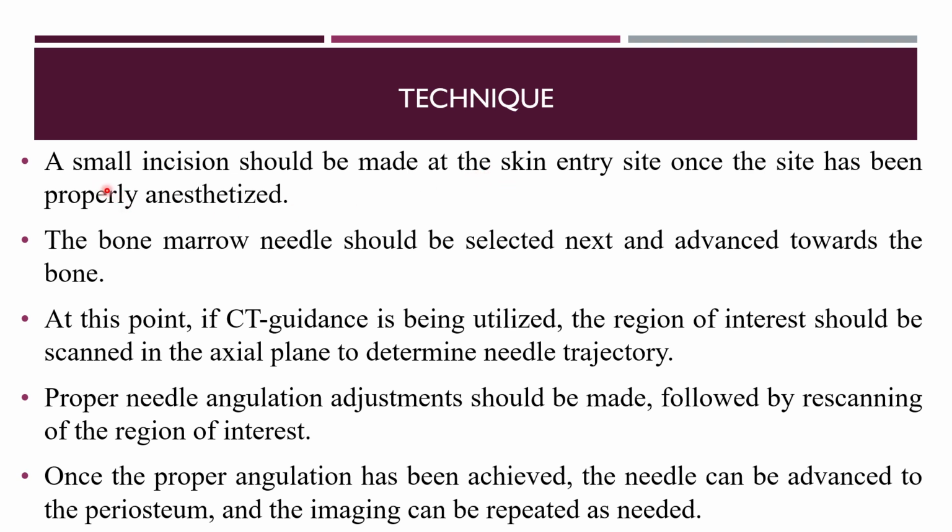So first, a small incision should be made at the skin entry side. Once it is inside, the bone marrow needle should not be moved because it hurts the patient very much. Slowly it should be inserted into the region of interest, and then the sample will be slowly collected.